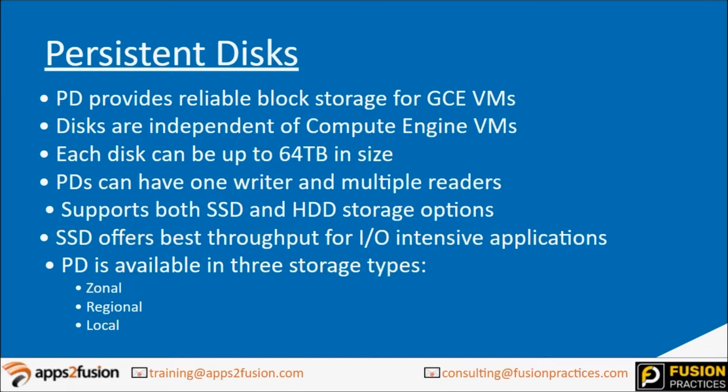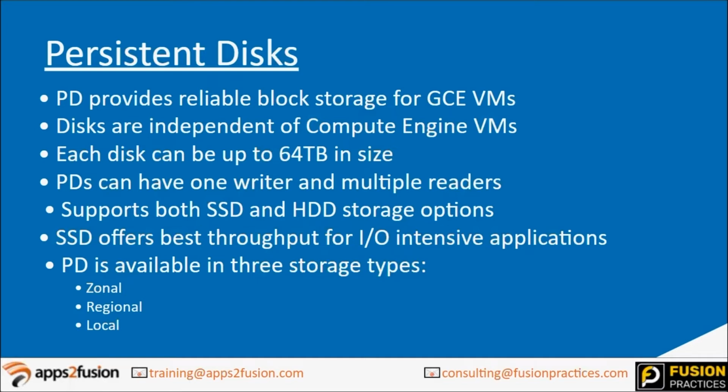Disks are independent of the Compute Engine VM. A Compute Engine VM will have an inbuilt disk. This is the extra add-on that we add, and even if the VM dies, the persistent disk remains. It's not ephemeral. The disks can be up to 64 TB in size. Persistent disks can have one writer and multiple readers, but it can always have just one writer at a time, with multiple readers simultaneously.